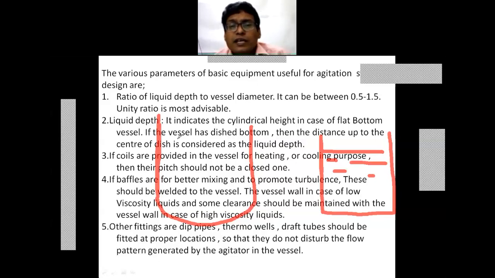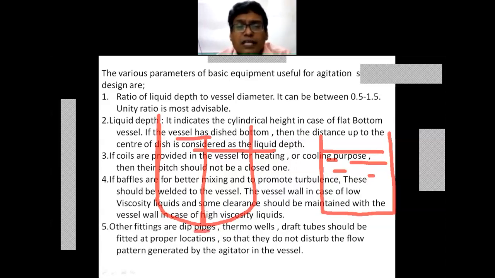So if the vessel has a dish bottom, then the distance up to the center of the dish is considered as the liquid depth. So I have to take the liquid depth from the center of the dished head.